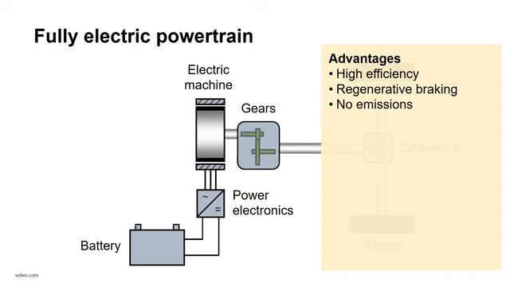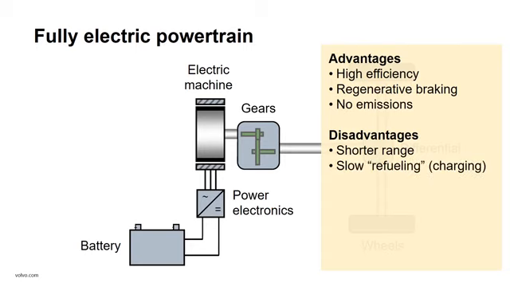The disadvantages are shorter range compared to combustion engine powertrains, slow refueling, that is charging of the battery. Battery has a high cost, and battery weight and volume, that is, there is a low energy density. If we replace the conventional powertrain with a fully electric powertrain, we must consider some new disadvantages. So there is still a need for alternatives.